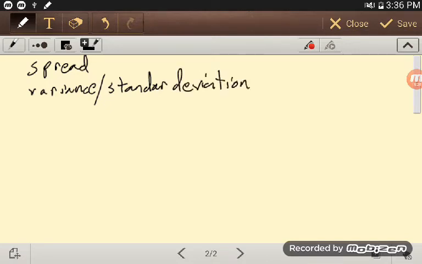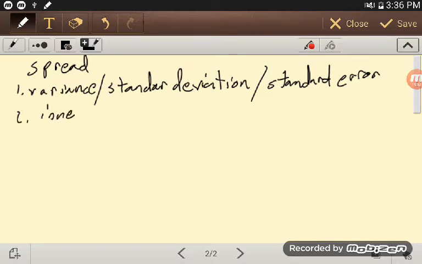And I'm even going to toss in slash standard error. And then our other one, so that's one type, and then our other one is interquartile range.